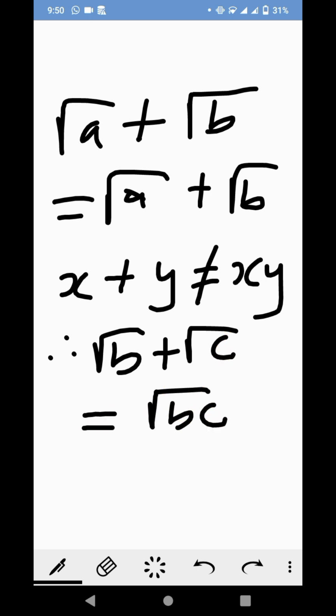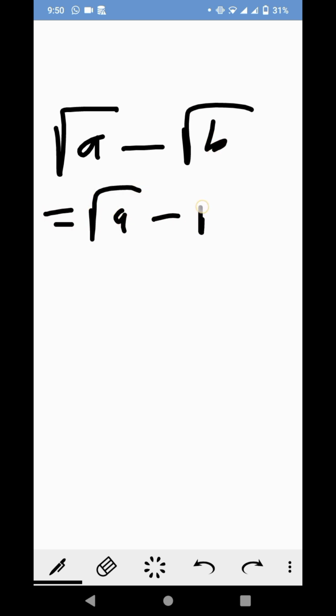It's not possible. So that's what we know about unlike surds. Unlike surds cannot be added. Unlike surds as well cannot be subtracted. Root a minus root b is the same thing as root a minus root b. They are not like terms. This is the value. You can't do anything about it.